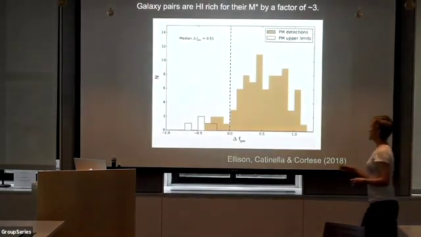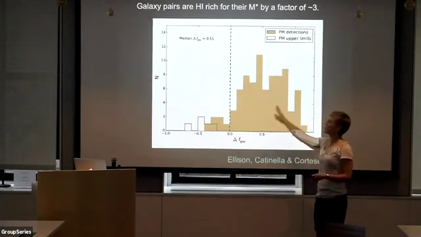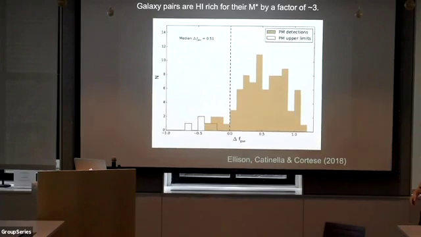And so again, we're finding that these gas fractions are offset from their control by significant factors. So not only do these things have more atomic gas, they also have more molecular gas. So this left us a little bit puzzled, and if you're an observer and you're puzzled, you call up your simulator friend. You say, what's going on?